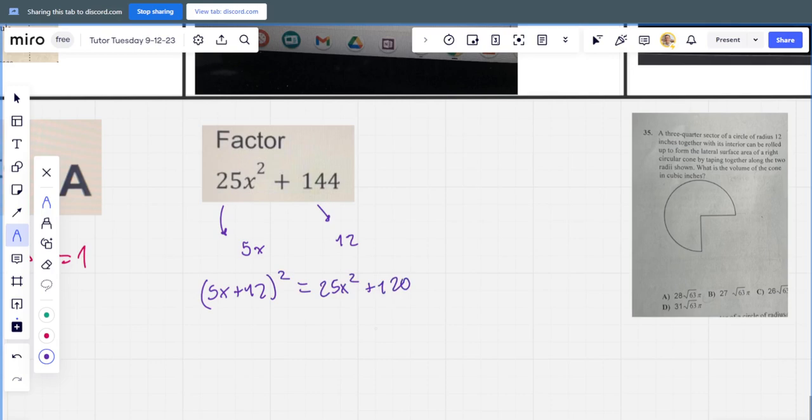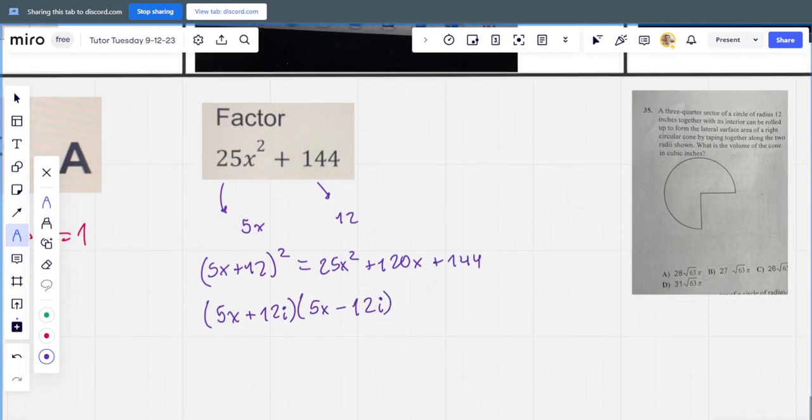That's going to give us 120x plus 144. So what I would do if I want to get rid of that is probably 5x plus 12i and 5x minus 12i, because if we rewrite this, this is 25x squared minus negative 144.